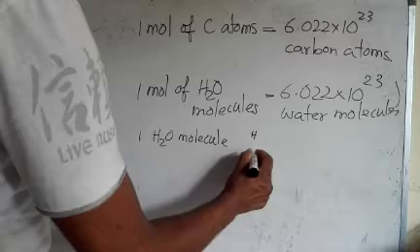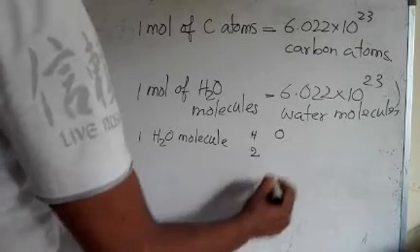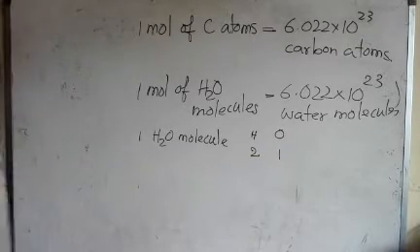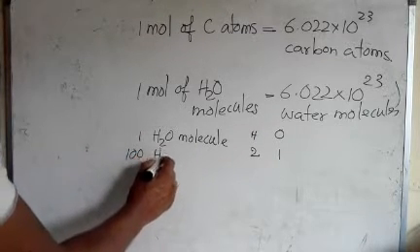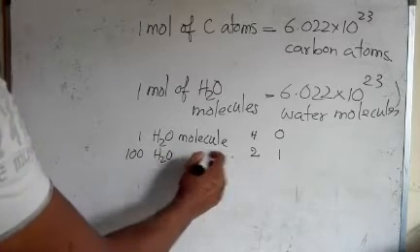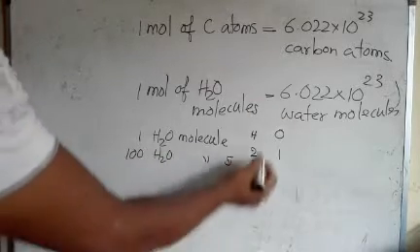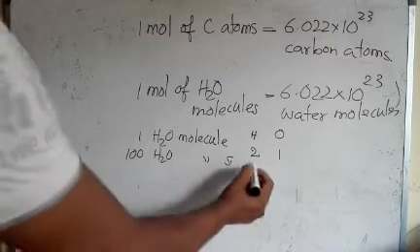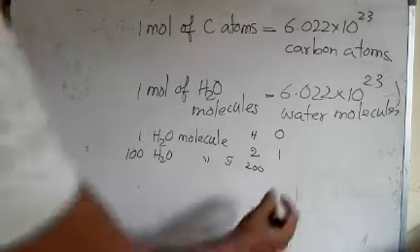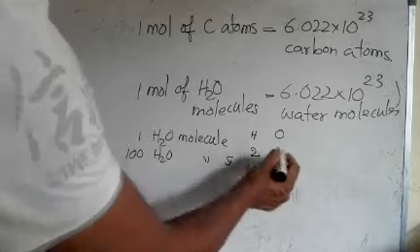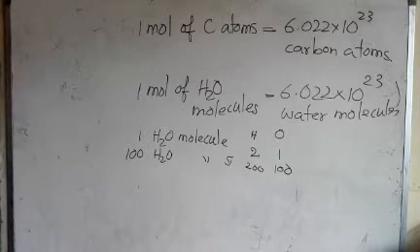In 100 H2O molecules, you will have 200 hydrogen atoms and 100 oxygen atoms.